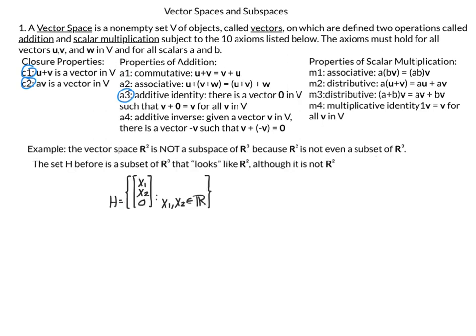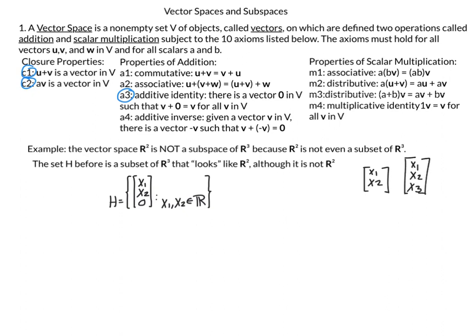Here we're getting back to Rn with more examples. The vector space R2 is not a subspace of R3 because R2 is not even a subset of R3. R2 looks like this, x1, x2. R3 looks like x1, x2, x3.